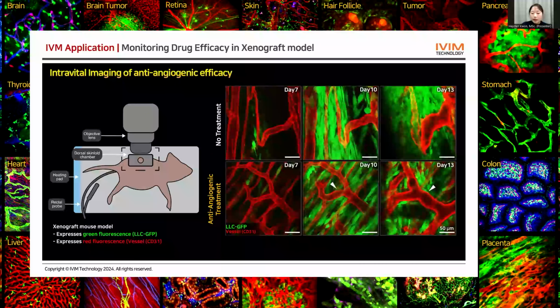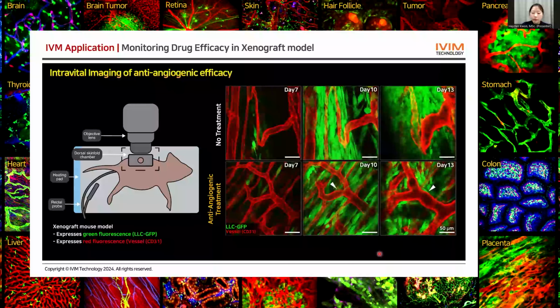Okay, so finally, let's take a quick look at the result data on the drug which applies the anti-angiogenic effect. In the untreated group, the blood vessels were significantly dilated, leading to active cancer cell division here on day 13. In contrast, the drug-treated group showed only slight dilation with relatively less cancer cell growth observed.